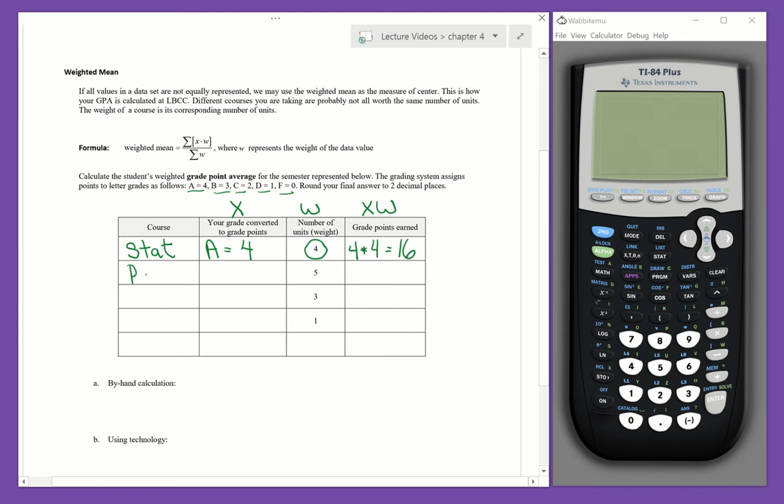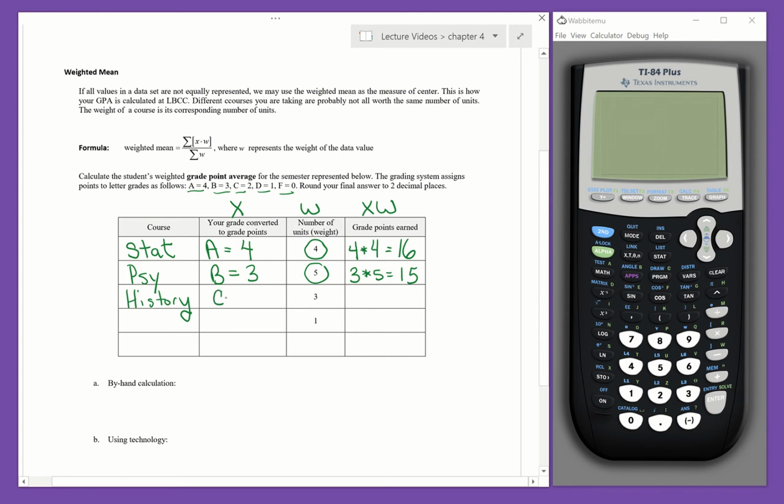So let's go on. I'm going to add, maybe you're taking a psychology class. I don't think psychology is usually worth 5 points, but we're going to go with it. It's a 5-unit psychology class. And let's say you end up with a B there. So a B earns you 3 grade points, but the weight is 5. So your total number of grade points is 15. All right, let's go on. Say you're taking a history class worth 3 units.